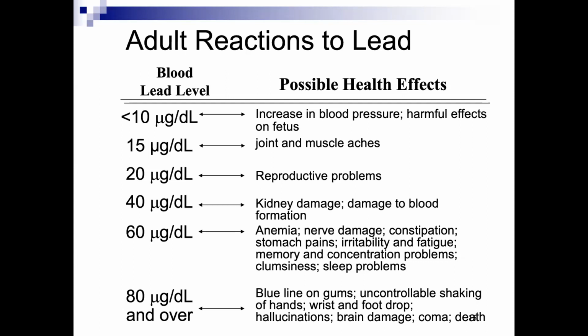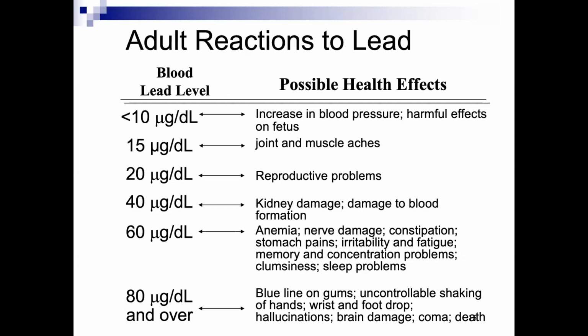This is where some of the nerve responses come about, which include memory and concentration problems, having trouble sleeping, being irritable, tired. Again, those are very common symptoms and can be caused by any number of diseases or issues you might have. So you wouldn't automatically assume, oh, I've got lead poisoning.